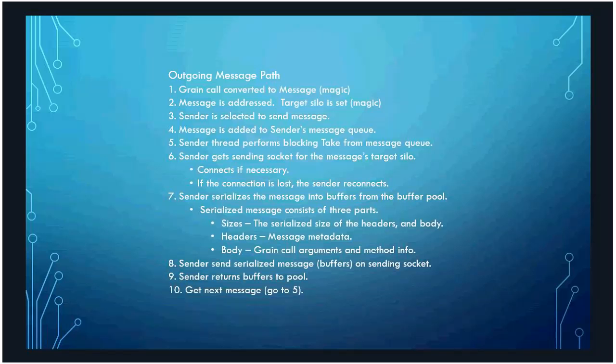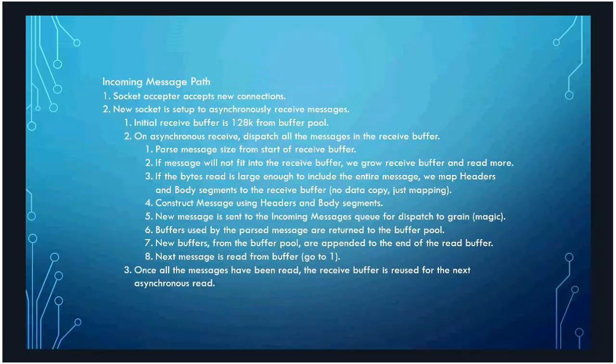Okay, I'm going to go on to how we read from sockets, or read input from other silos. We have a listener socket, basically an acceptor that listens for new connections. When the connections come in, we have some minimal handshake logic, and we set them up to start receiving data.